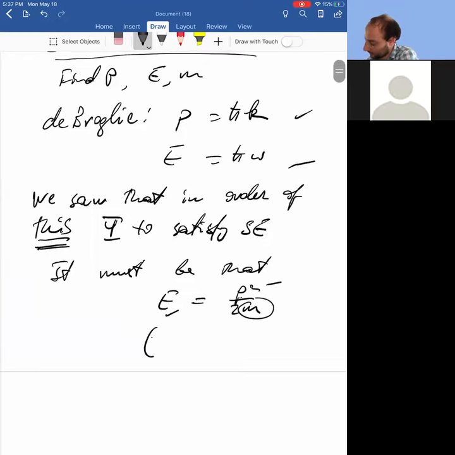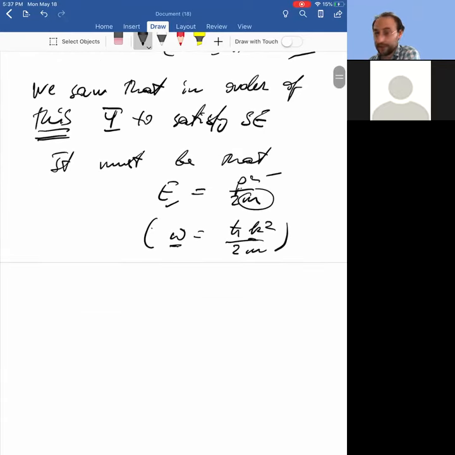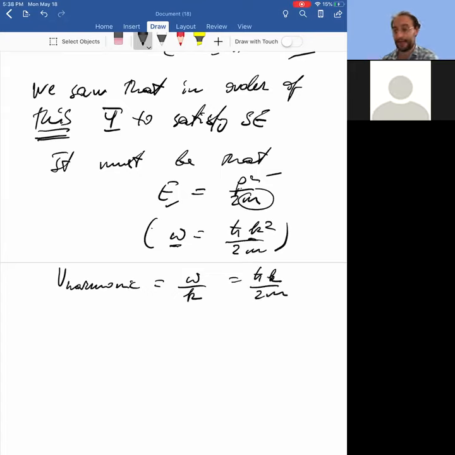So this is equivalent to saying that omega equals h bar k squared over 2m. So if you have a harmonic of wave number k, it must automatically have a frequency omega. And the speed of that harmonic is given by omega over k, which is h bar k over 2m.